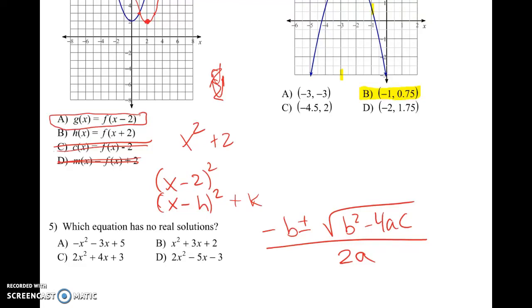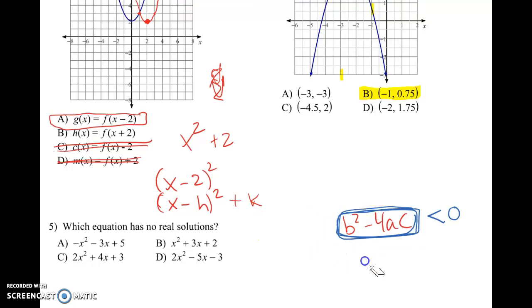You can't have a negative in a radical, so we take that i out. So right here is what determines if we're going to have real solutions or not. So it says which equation has no real solution. So we do want this to be an imaginary. So we want this to be a negative number or less than 0. So that's what we're going to be using to determine this. So this is called the discriminant. Not sure if you guys remember that.